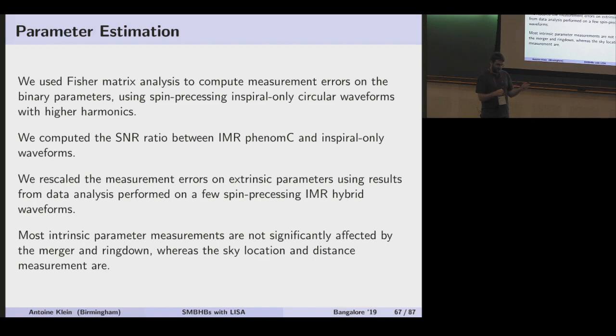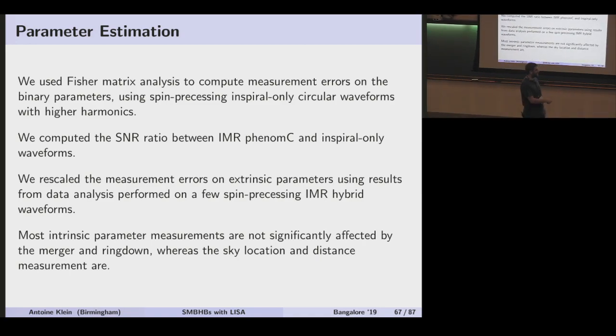You cannot measure the individual masses anymore. And same thing for the individual spins. Your individual spins affect your waveform only when they exist, right? Yes, absolutely. But that's not what we're trying to measure here.